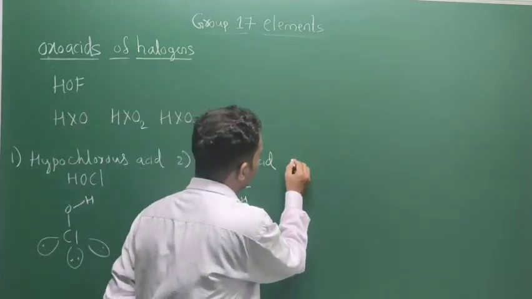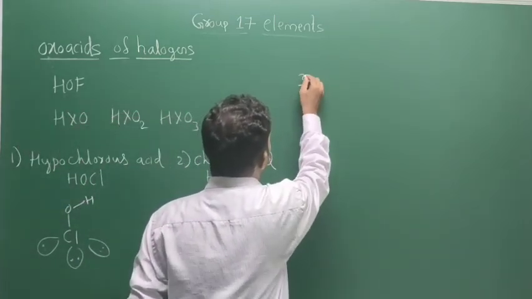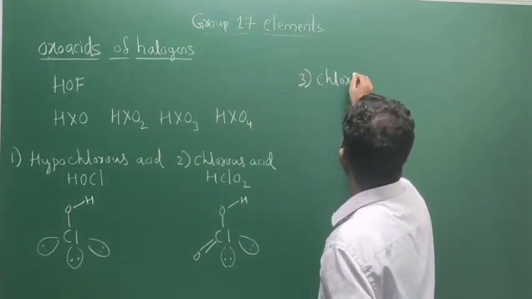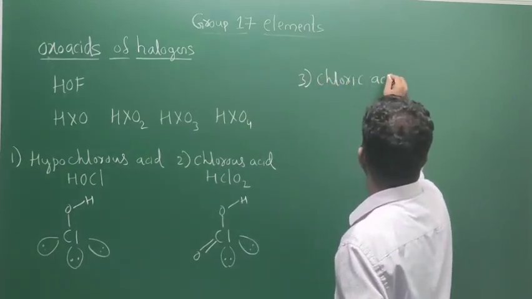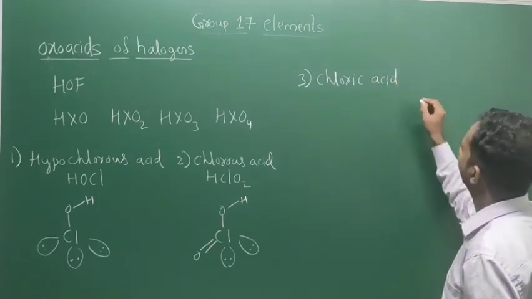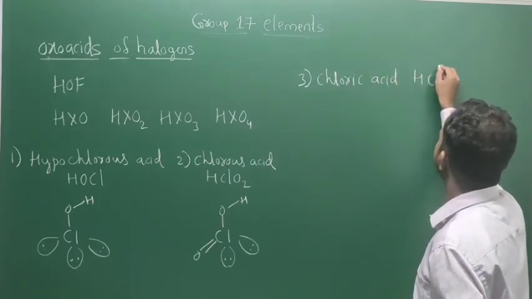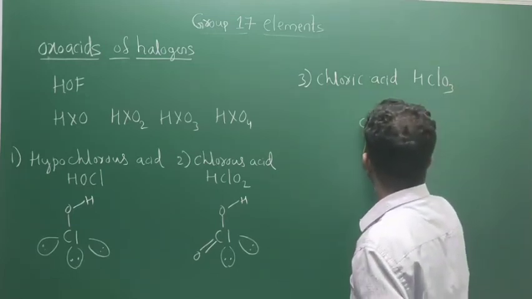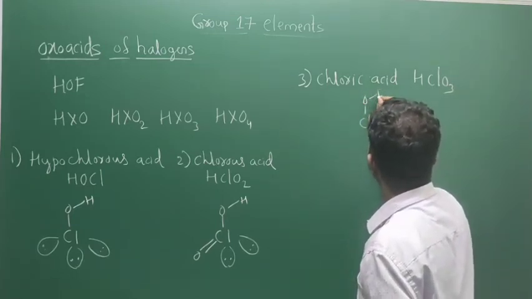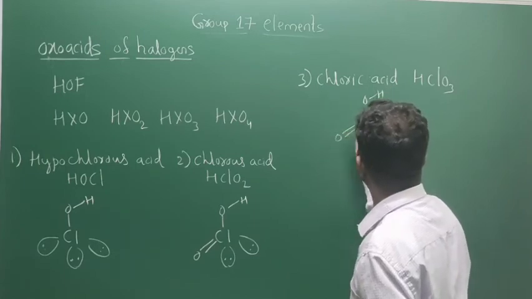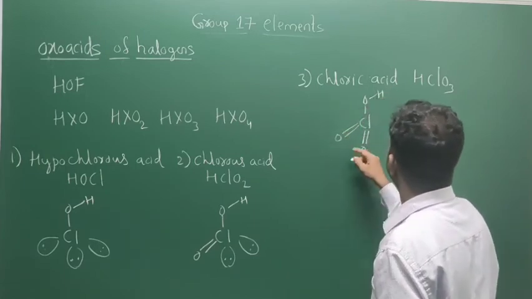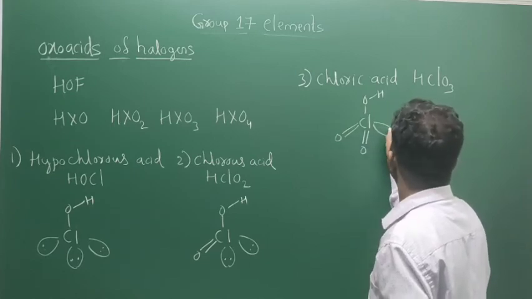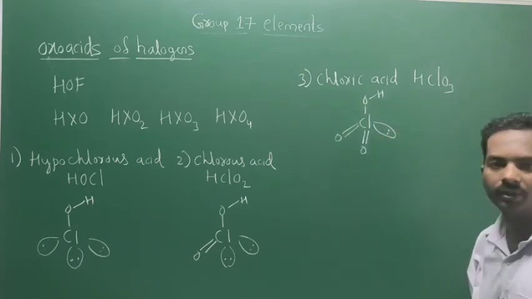So next, third one, chloric acid. Formula HClO3. So structure is Cl-OH containing 2 double bond O with 1 lone pair of electrons.